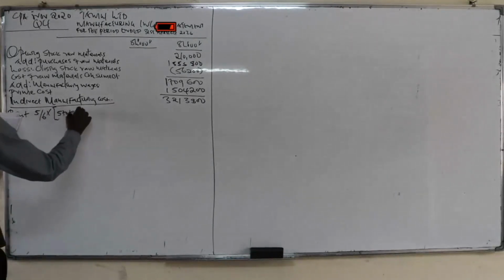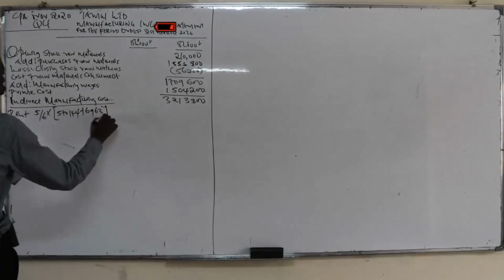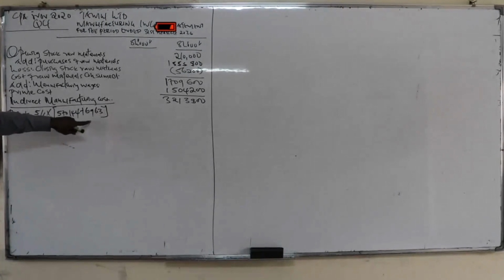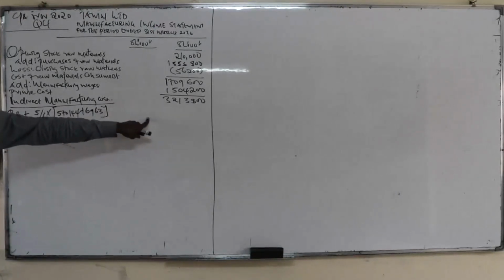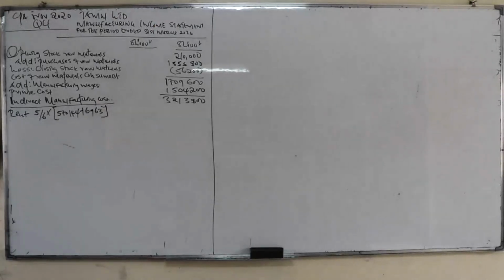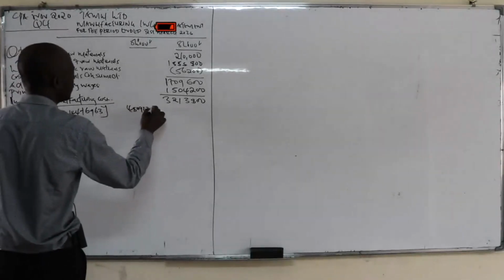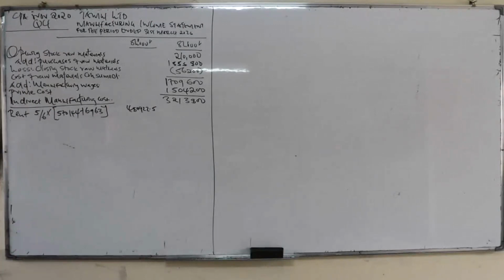You add plus 69.63. You adjust for the accruals. So in other words, this is the cost of rent now. And then 5 out of 6 is for factory. Are we together? So you adjust and then you take the portion that belongs to factory. So how much do you get? 480,922.5. Is she correct?